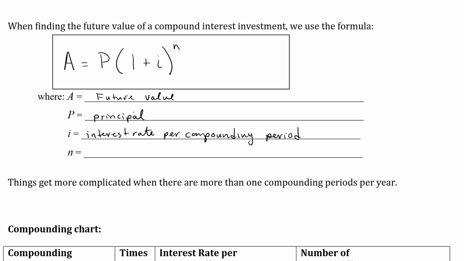So if they say an annual interest rate is, say, something like 4, that means that if we say compound semi-annually, which is 2 times a year, that means that it would be 4 divided by 2. If it's compounded quarterly, it would be 4 divided by 4.